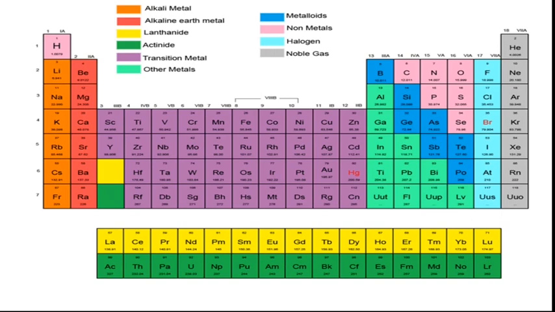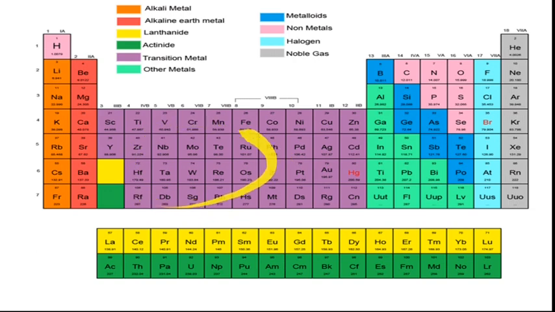This is a picture of the periodic table, and by groups and columns we meant this first column. This first column, and the second column.